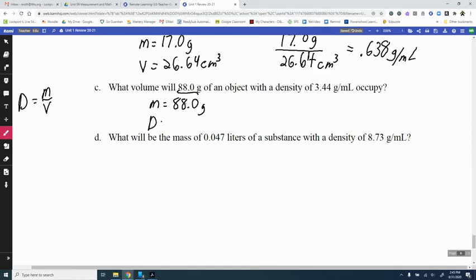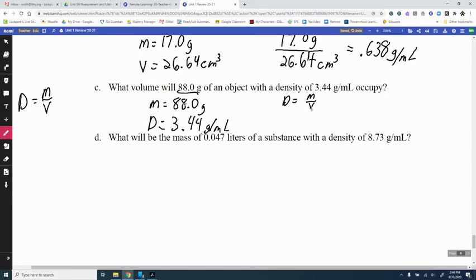So this time we don't have volume, we have density, so we have to rearrange our equation. I'm going to write this over here so I have more room. Density equals mass over volume.